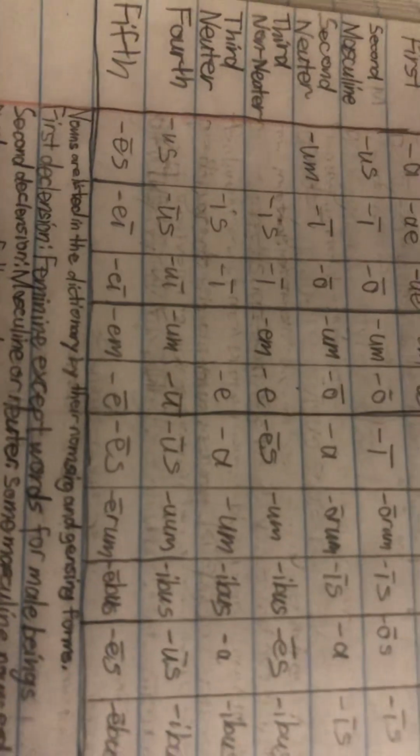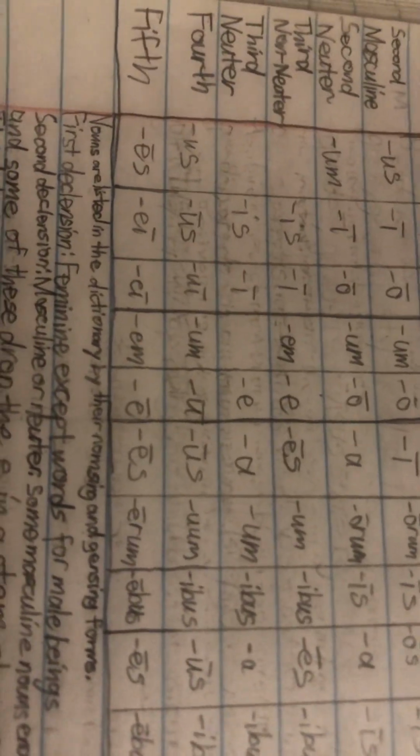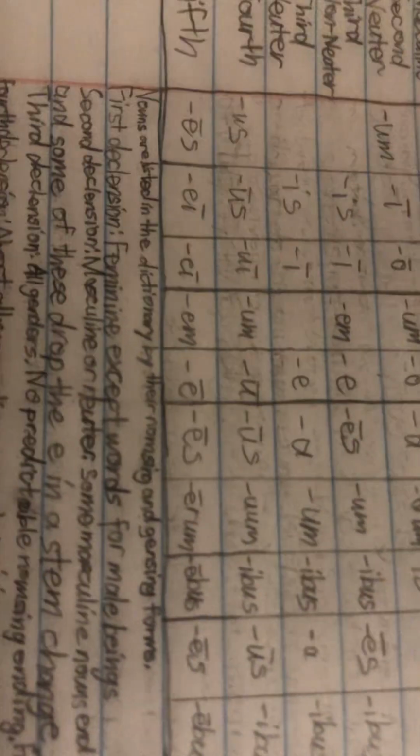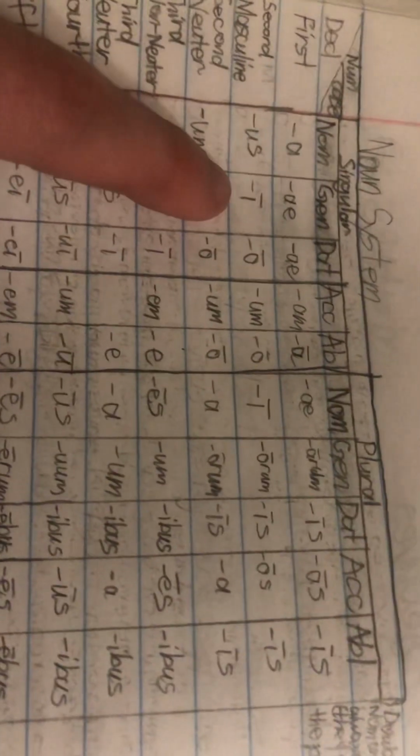Some masculines end in er, and some of them drop the e in a stem change and just add the rest of these onto the r. Some of them don't and keep the er together. The genitive singular ending for the second declension is i, spelled with the letter I. This is the case in both the masculines and neuters.